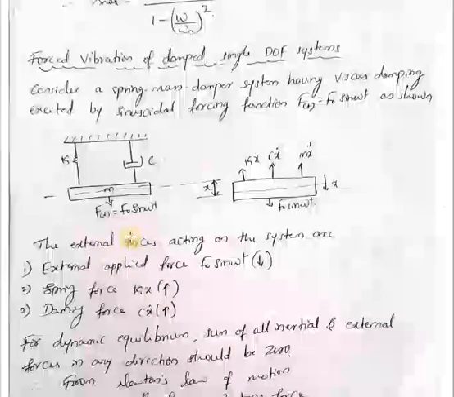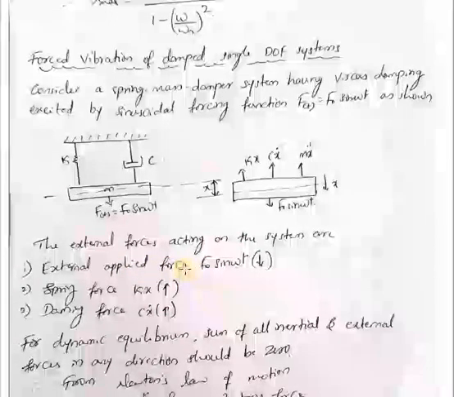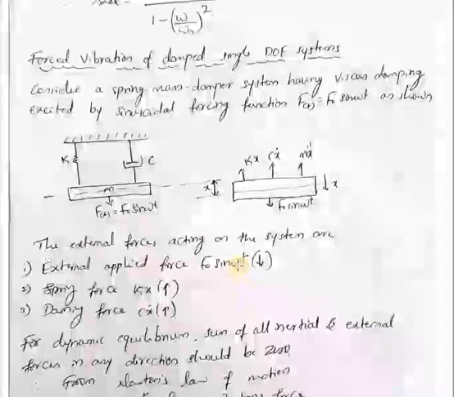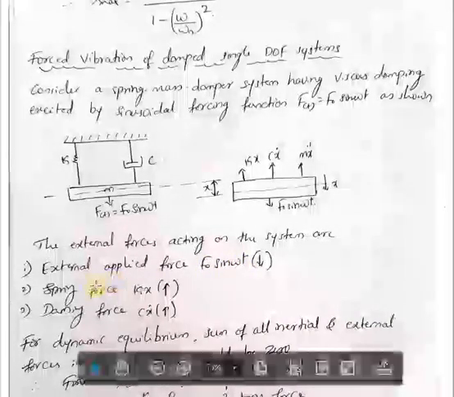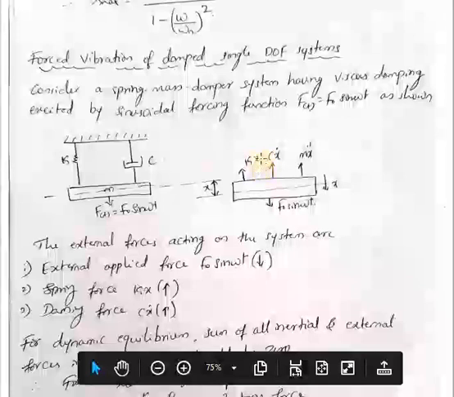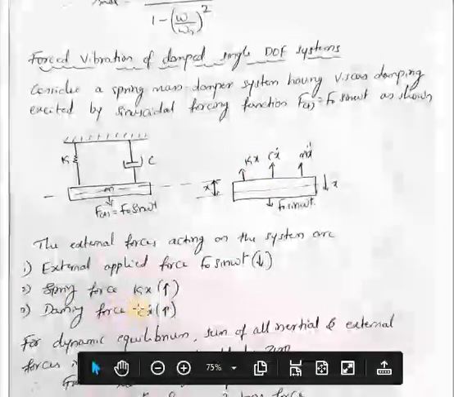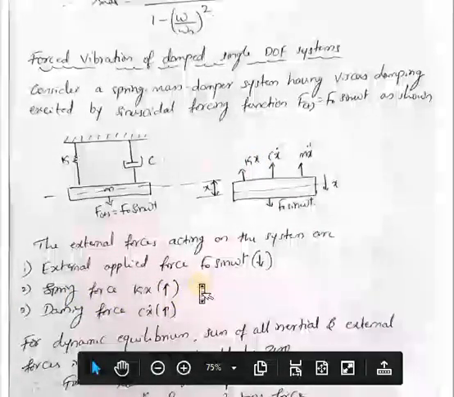The forces acting on the system are, first, the external applied force, which is a harmonic function, f naught into sin of omega t, acting in downward direction. Second, spring force kx, acting in upward direction. Third, damping force cx dot, acting in upward direction.